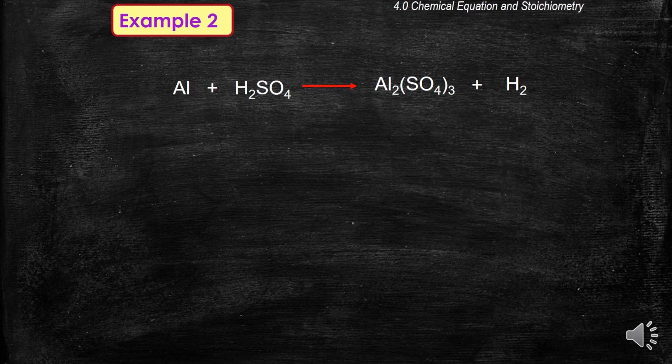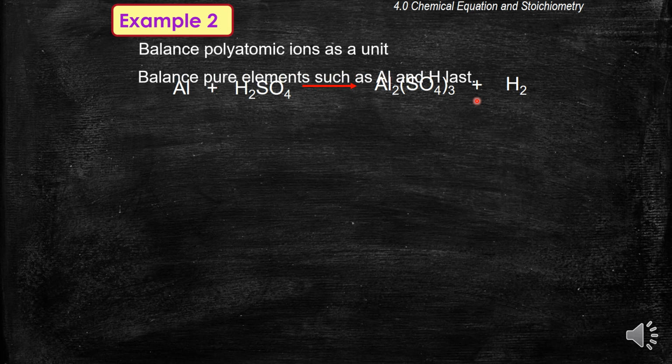Example 2. In example 2, we will continue to practice our equation balancing skill. Here, this equation is unbalanced. All elements, aluminium, hydrogen, sulfur, oxygen, appear only once on each side of the equation. First, we balance the polyatomic ion as a unit.